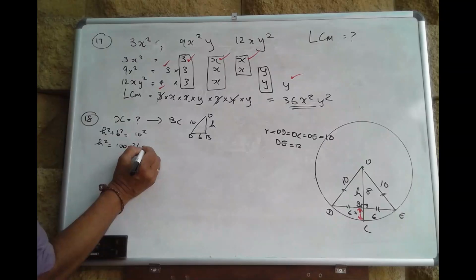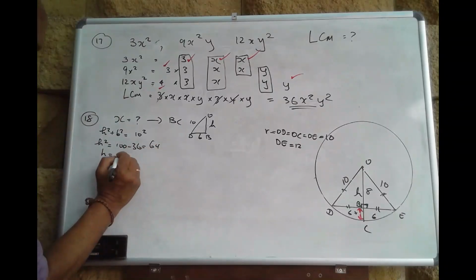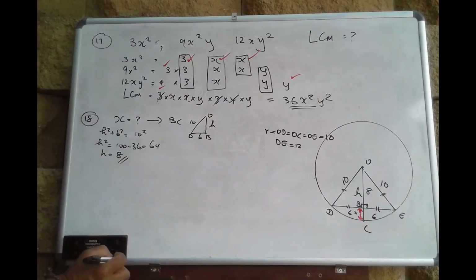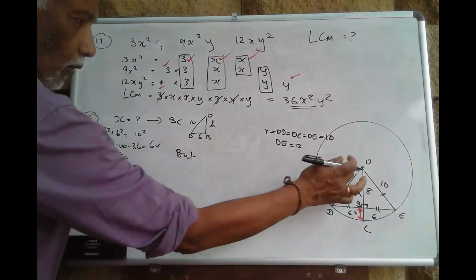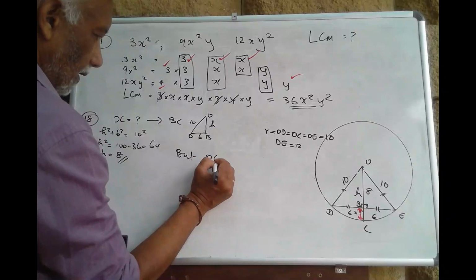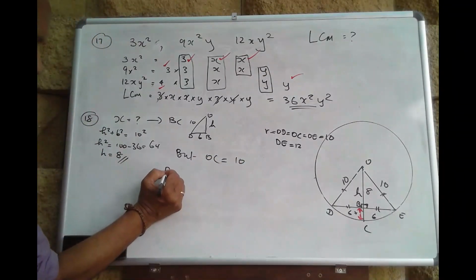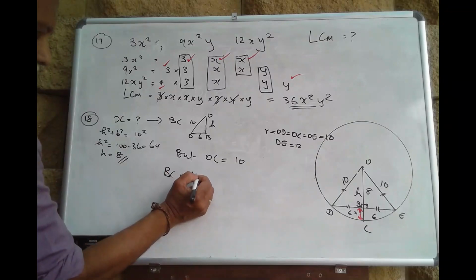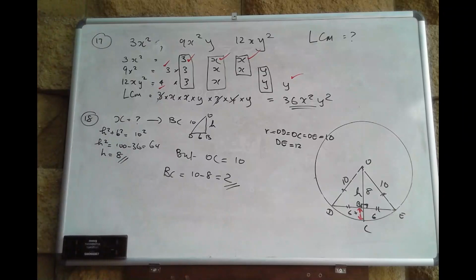So that will be 64. Therefore H is equal to the square root of 64, which is 8. So this part is going to be 8. But we know OC equals 10. Therefore BC must be equal to 10 minus 8, which is 2. So that's the final answer for that question.